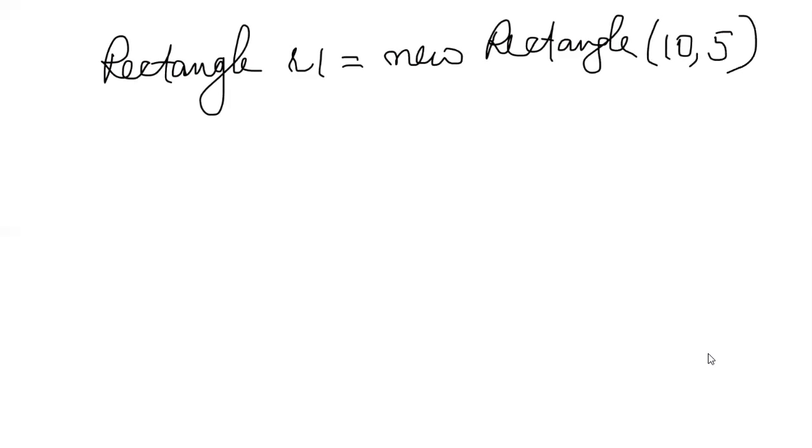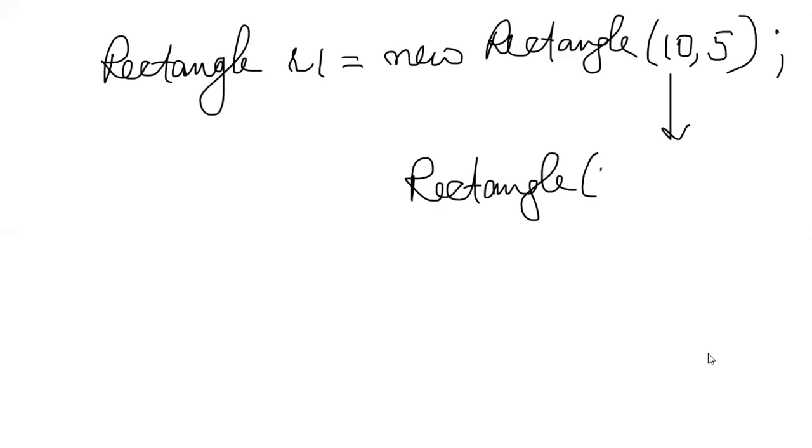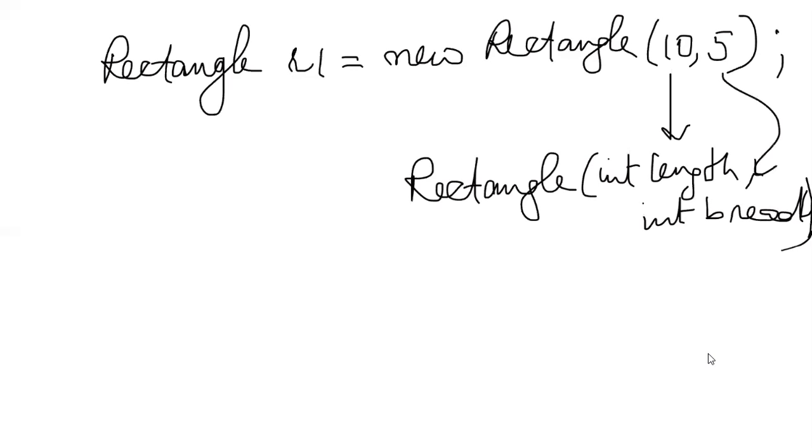Okay. So when I do this, this 10 goes to the local variable in the constructor, int length, int breadth. Okay. So this 10 goes to this local variable and this 5 goes to your local variable breadth.